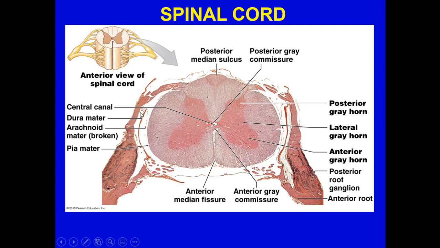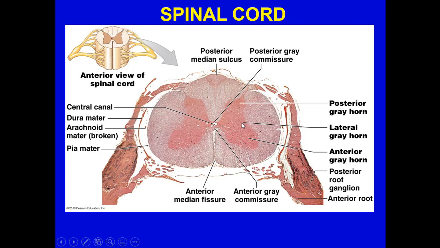You can see some of the remnant of the meninges here, the dura mater and the arachnoid mater, but it's kind of fragmented here. The pia mater is just sort of lined here, and you can see a little bit better here. Now this is an anterior view of the spinal cord, so the posterior gray horn is here. The anterior gray horn is here, so the anterior is going to send out motor information to, let's say, the skeletal muscle structures.